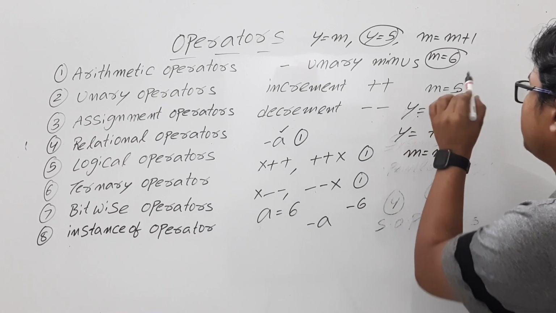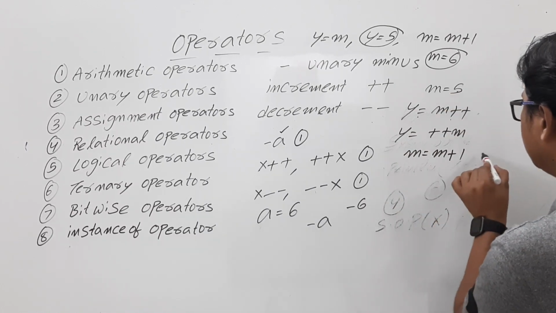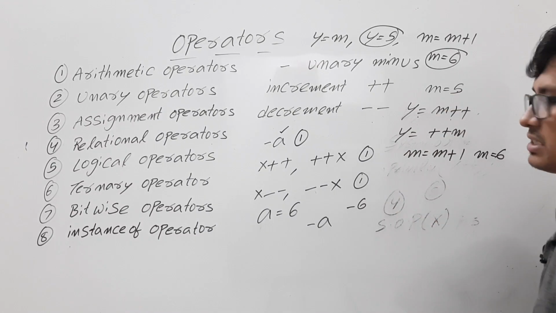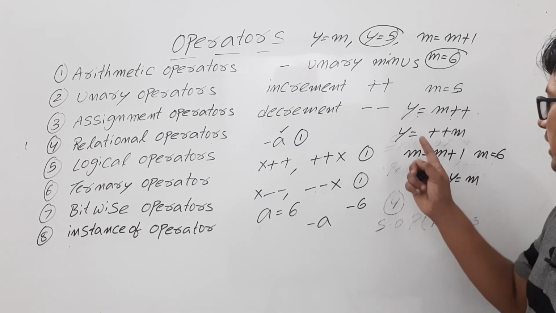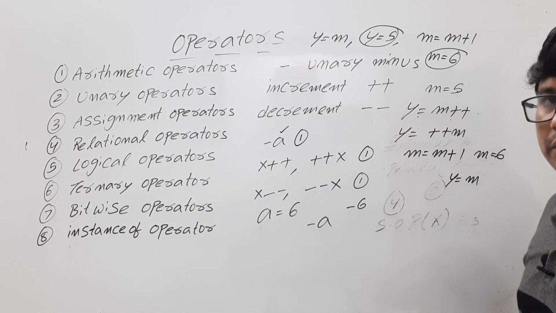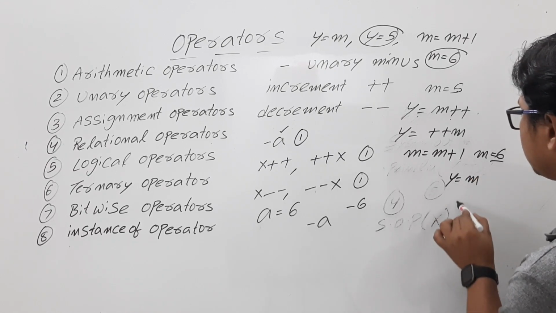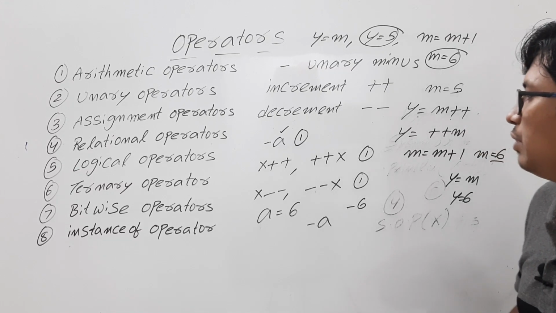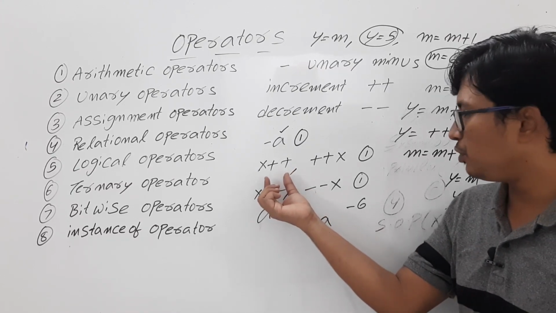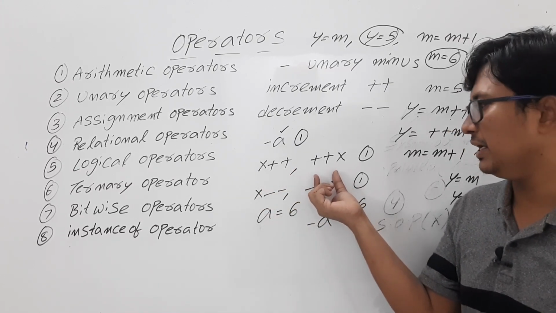What is the m value? 5. 5 plus 1 will be 6. So m will get the value as 6. That value you will assign to the y, because next is the assignment. Y is equal to m. What is the m value? 6. So y will get the value as 6. I hope you have understood about the post increment and the pre increment.